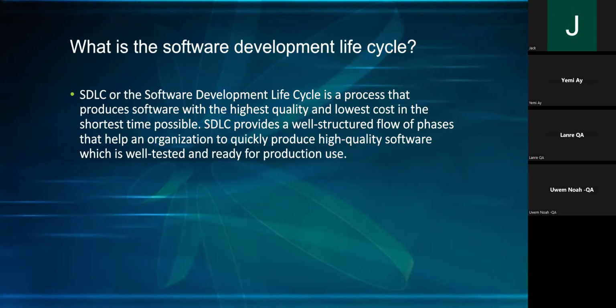We want to do things quickly, but we want to ensure that it's thoroughly done and tested properly. We do it little by little, but we are moving very quickly. Software development lifecycle provides a well-structured flow of phases that help an organization to quickly produce high-quality software, which is well tested and ready for production use.